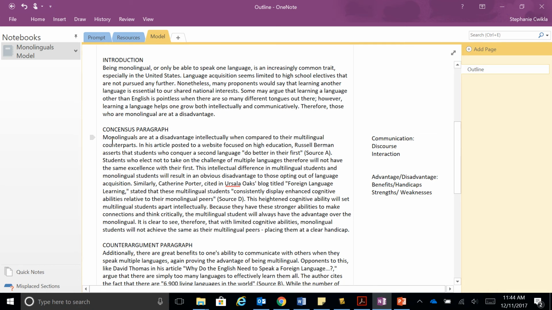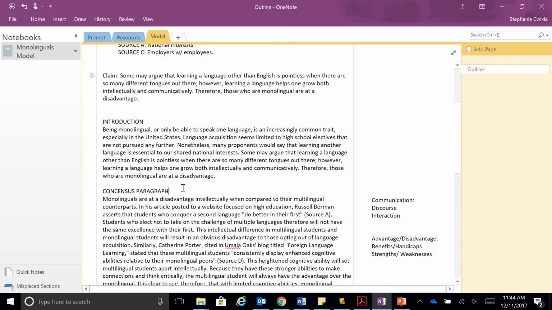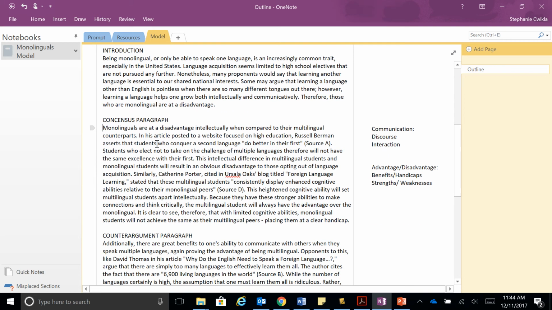So as I'm reading through, I'm going to read aloud to myself so I can pick out things that are repetitive. I might also combine some sentences because I do know it sounds repetitive at times. But I just want to make sure that each of those steps is done. So our consensus paragraph again, we're arguing that monolinguals are at an intellectual disadvantage. Monolinguals are at a disadvantage intellectually when compared to their multilingual counterparts.